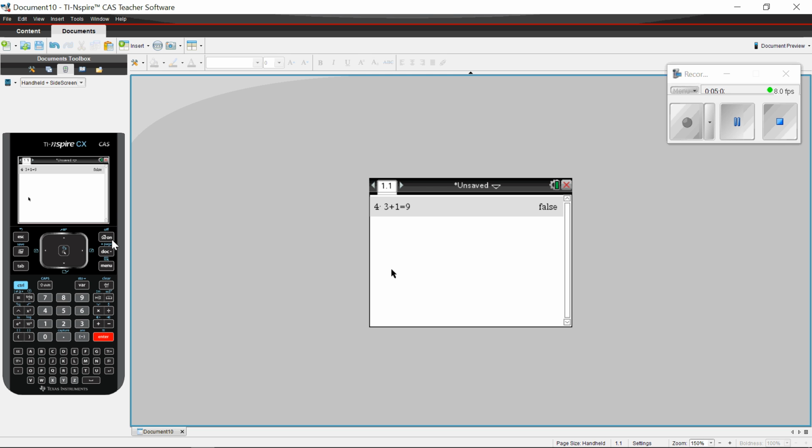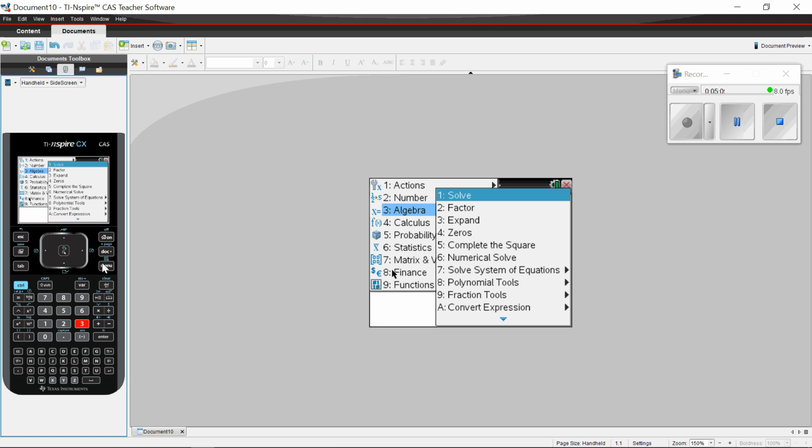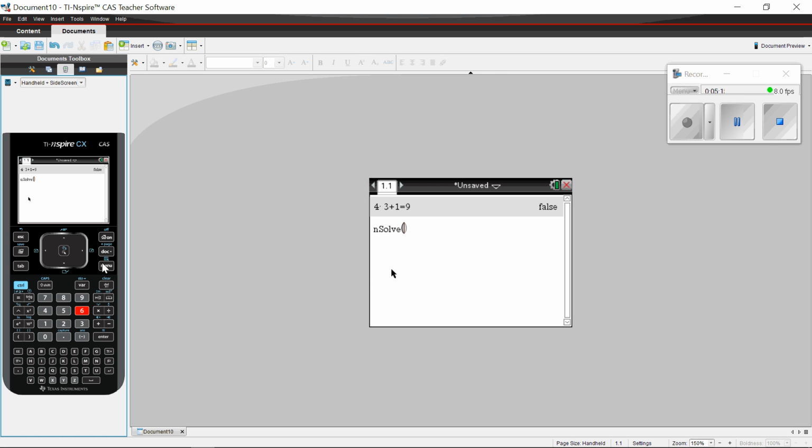Now, another trick you can use to solve equations is if you hit Menu, Algebra, Numerical Solve. Remember, I have a few more things here, you guys, because I do have the teacher version. And type in the equation exactly the way you see it.